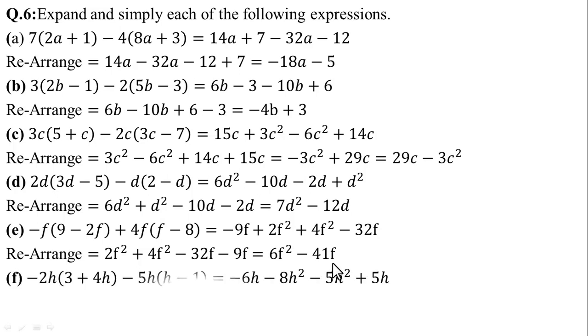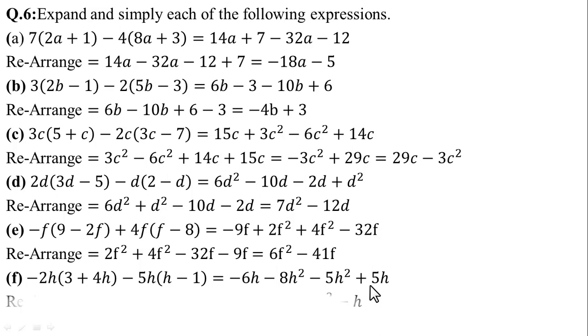In last part of question number 6, F part: minus 2h into (3 plus 4h) and minus 5h into (h minus 1). First of all, multiplying, 3 twos are 6, minus 6h, plus minus minus 4 twos are 8h square, minus 5h square, minus minus plus 5h.